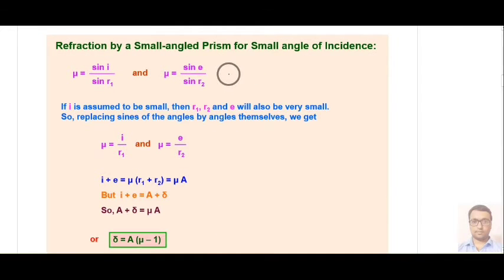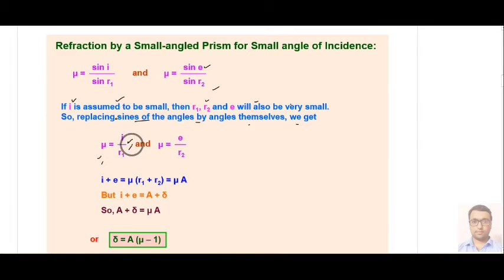We can say that for refraction by a small angle prism, for a small angle of incidence, mu can be written as sin I upon sin R1, and it will be sin E upon sin R2. Here we have assumed that the incidence angle I is very small, and R1, R2 and E are also very small. So we can replace sines of angles by the angles themselves, meaning instead of sin theta we can write theta.